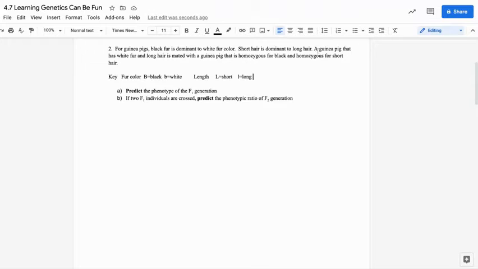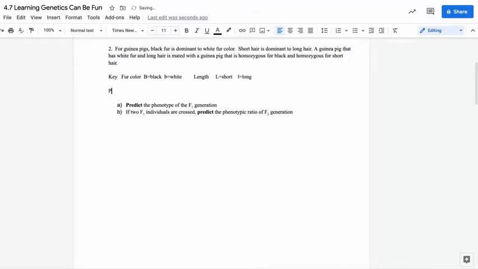Now I'm reading about the cross: a guinea pig that has white fur and long hair. All right, so here's the parents. The only way to have white fur would be two recessive alleles, so little b, and long hair, same thing, little l.